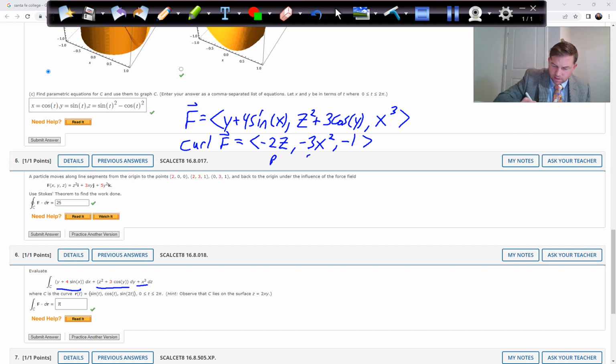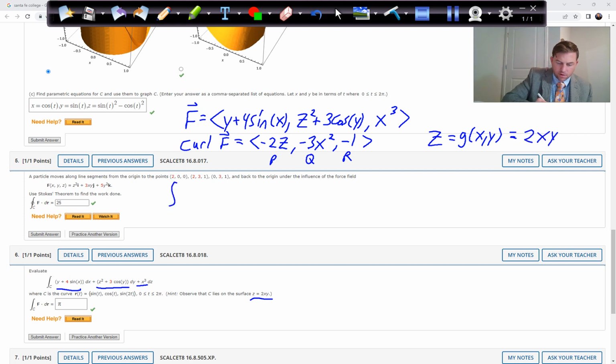So that's P, that's Q, that's R. Okay, now we have to come up with the G equation. Well, it tells us right here, z, which is going to be g of x, y, is 2xy.